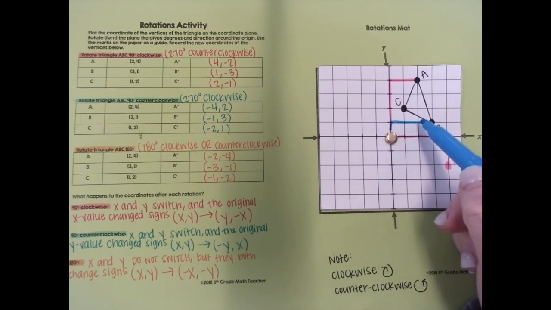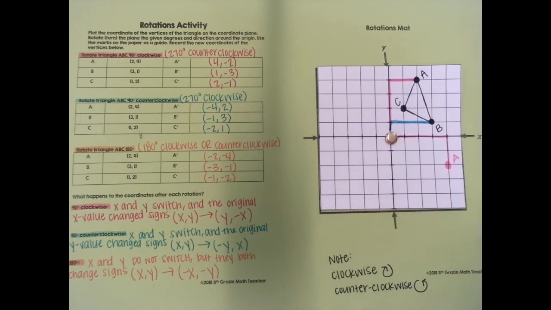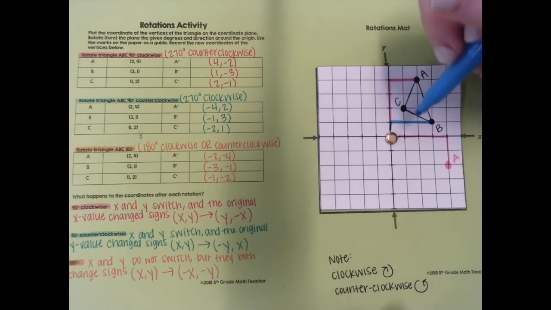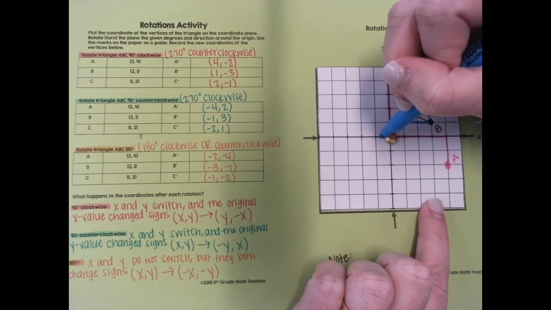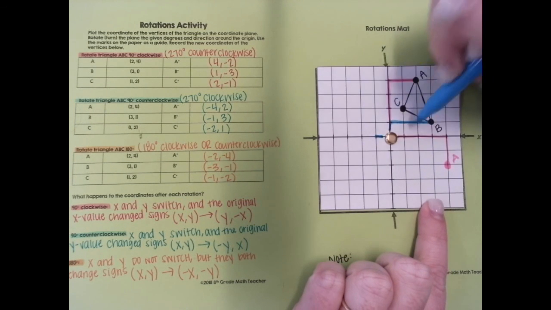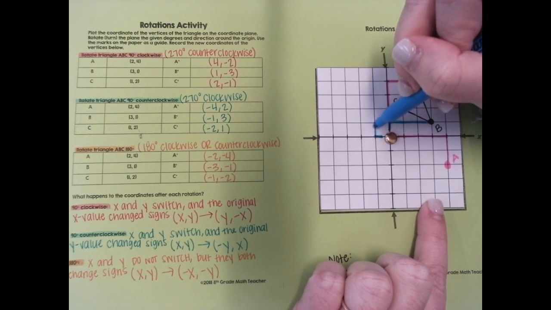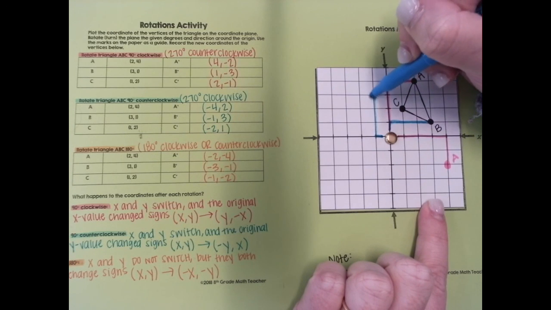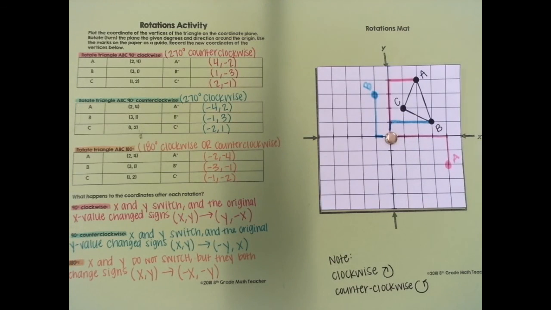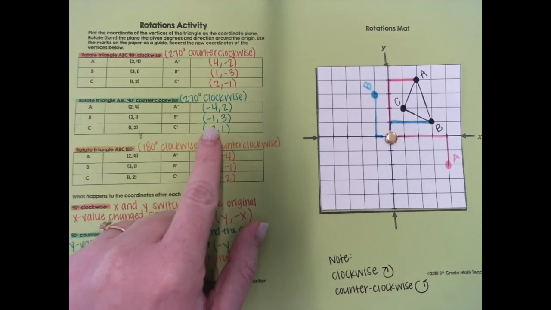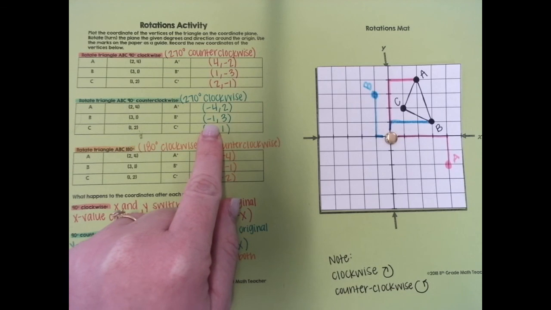And instead of being horizontal, I'd be going vertical. So now, instead of going up and to the right, I would be going left 90 degrees and up 3. Okay, so that was our 90 degree counterclockwise rotation of point B.